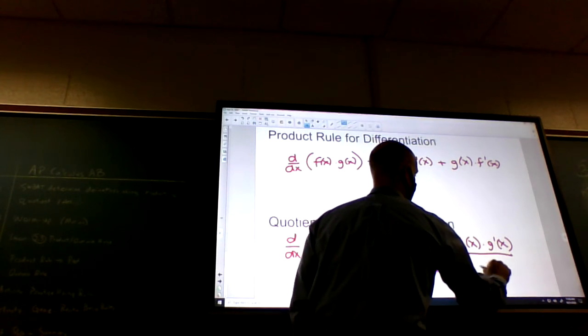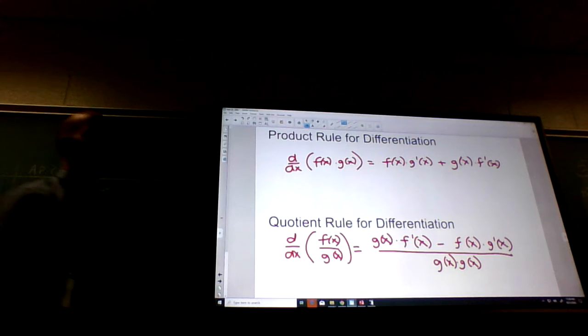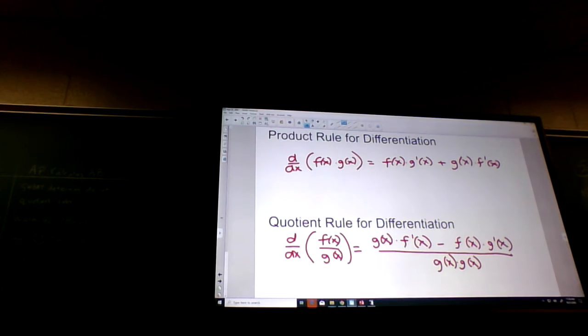I'm going to write the bottom a little differently than your book might have, and I'll explain why in a second. The bottom is the same thing as g squared, right? I'm just going to write it as g of x times g of x. I'm not going to show you the proof of this one. There's one out there, but let's not worry about it. Just trust me that that's the rule.